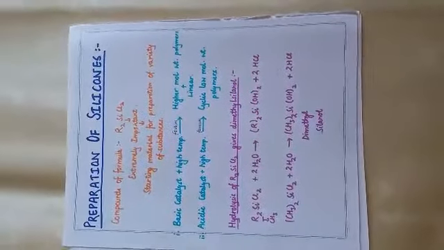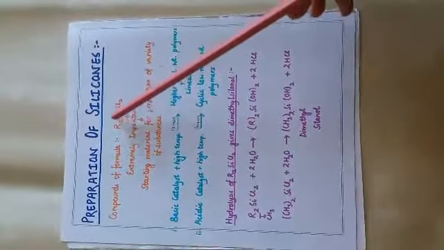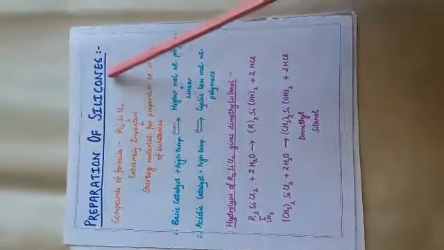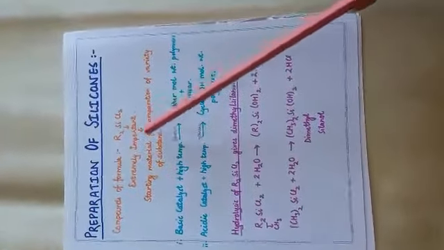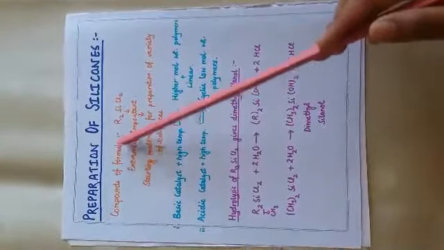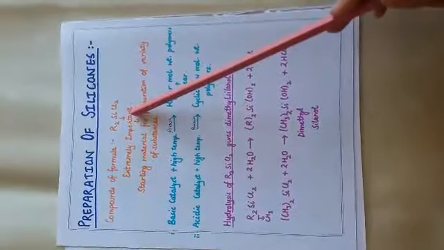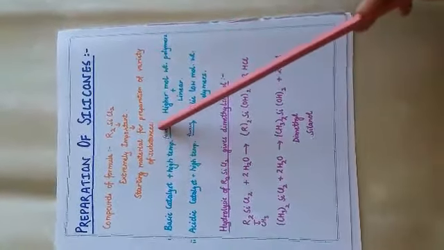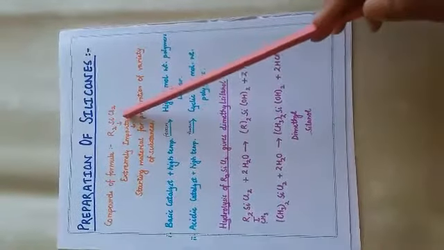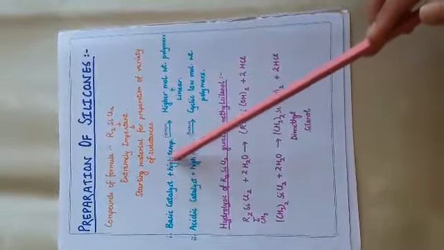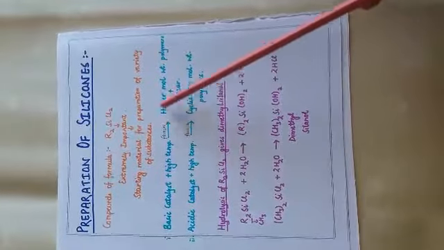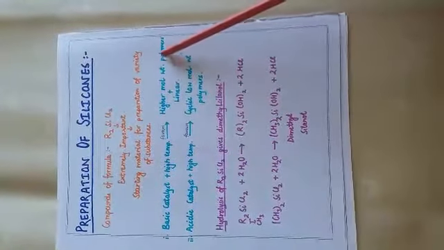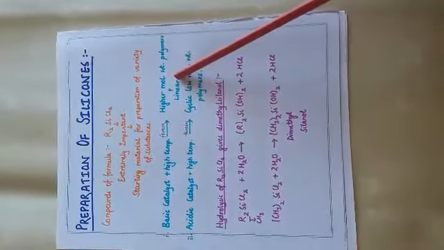So now we have discussed the preparation of organosilanes. Now for the preparation of silicones, we will discuss some other steps. The compounds of formula R2SiCl2 are extremely important because they act as a starting material for the preparation of a variety of substances. If we react it with a basic catalyst at high temperature, it will favor the formation of high molecular weight polymers, and they will be linear.